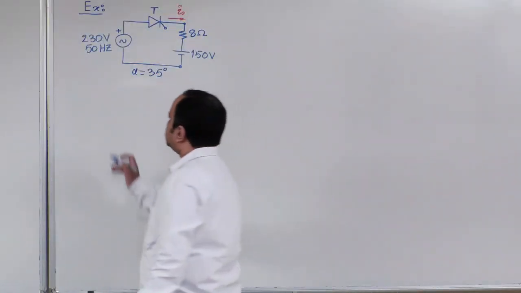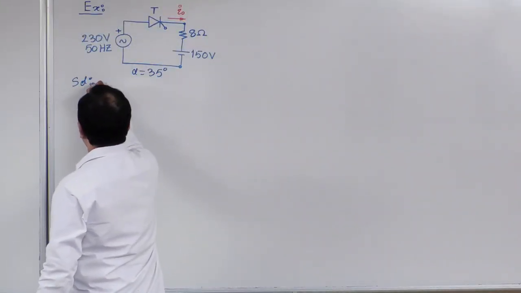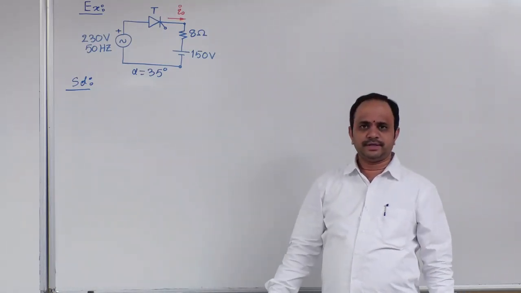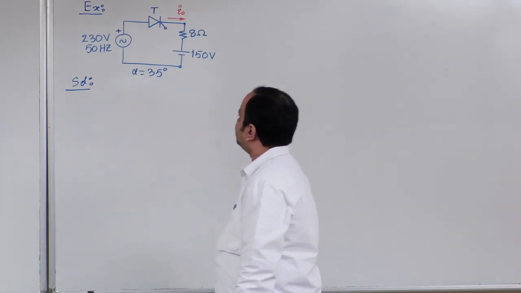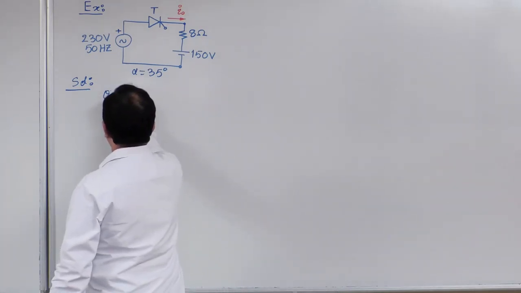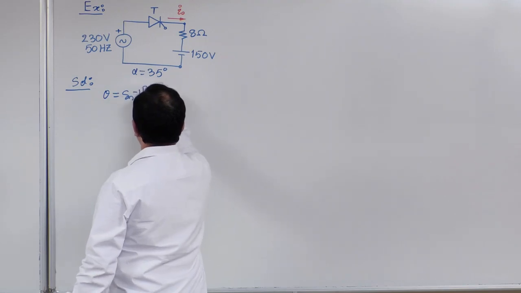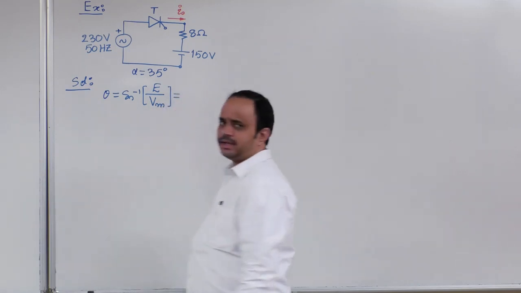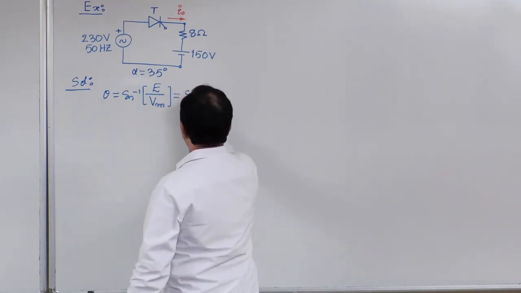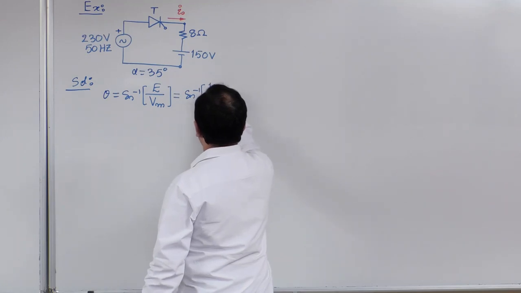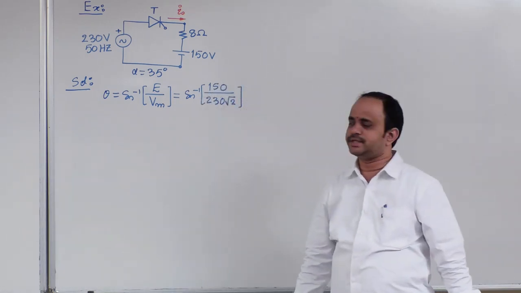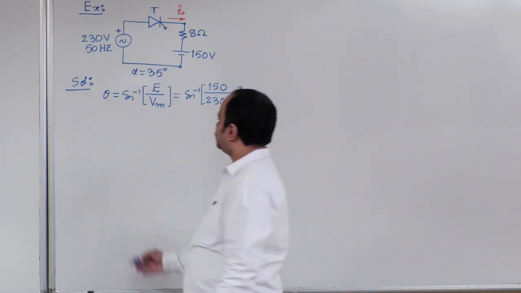Now let us look into the solution. A similar problem we did with the diode and RE load, right? Here also the procedure is the same. So what is the first step? That is theta calculation. What is the expression for theta? Sine inverse E by Vm. So sine inverse 150 divided by Vm, which is the peak value of the source voltage, 230 multiplied with root 2.